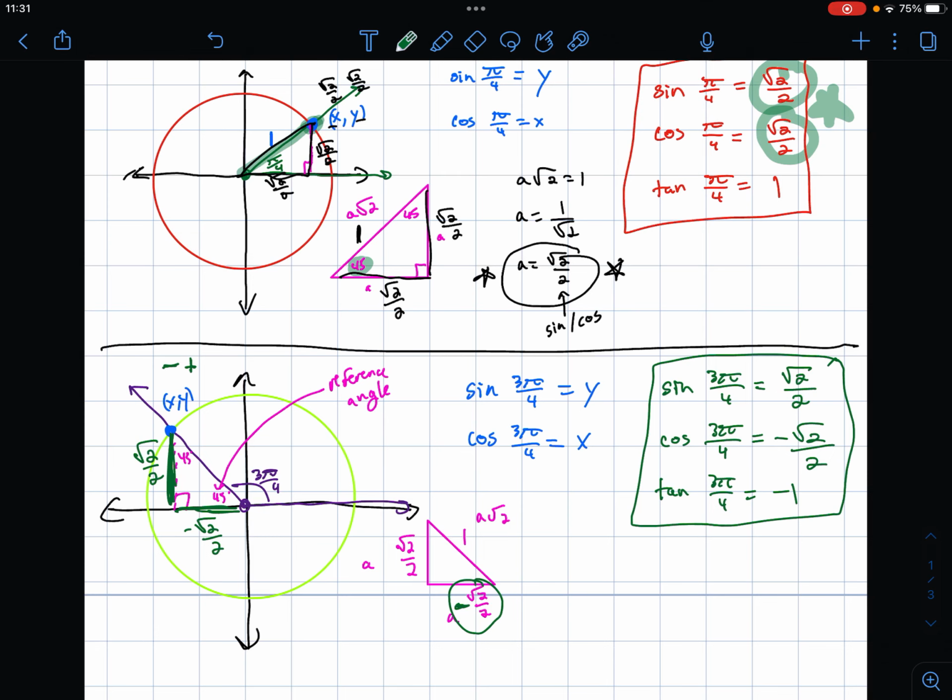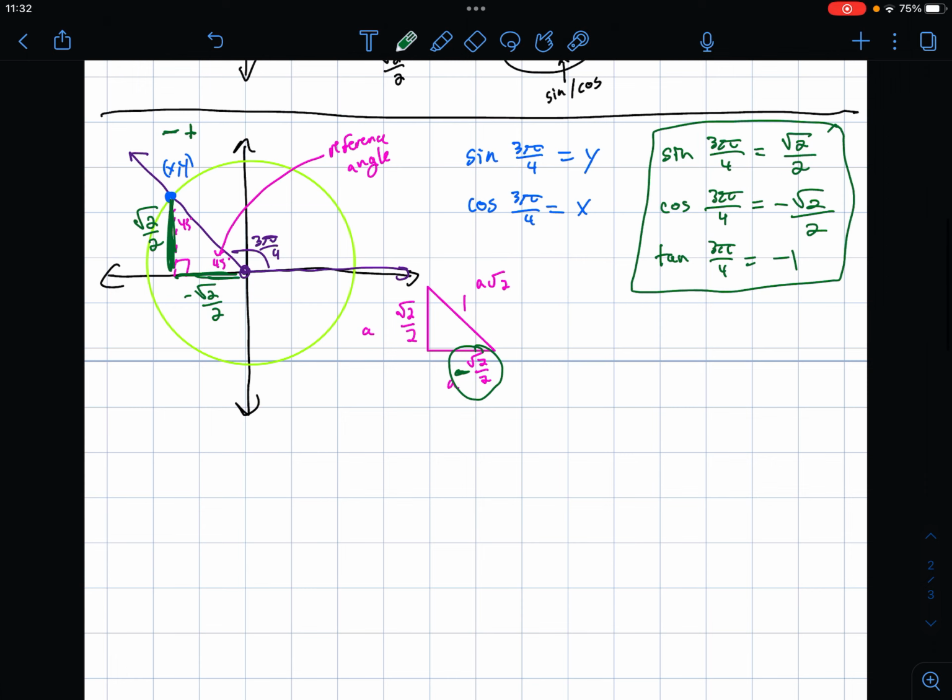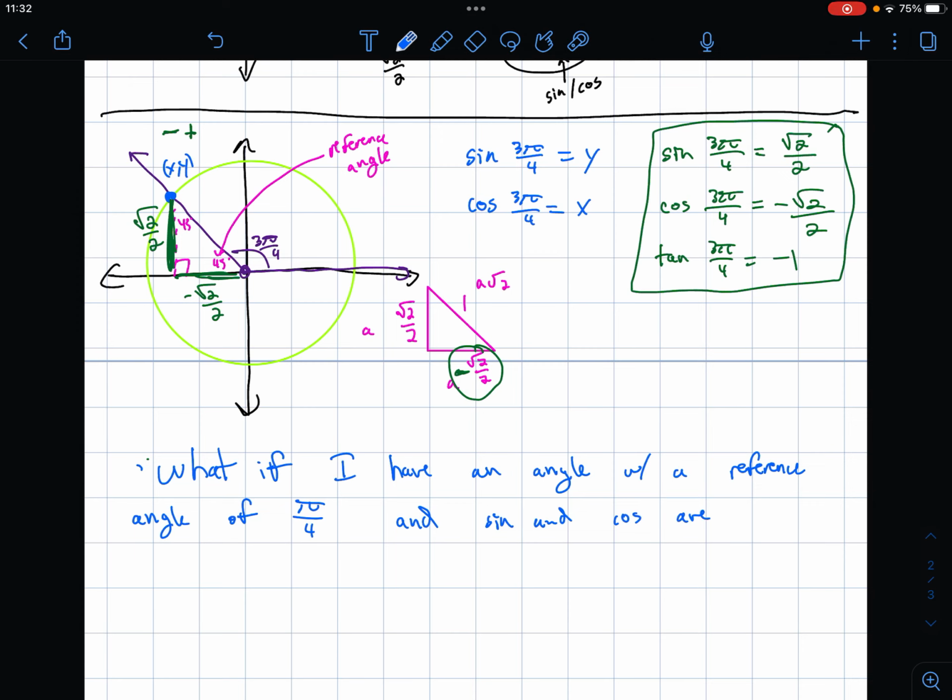So a good question would be, say for example, what if I have an angle in standard position with a reference angle of pi over 4, and sine and cosine are negative, but tan is positive?